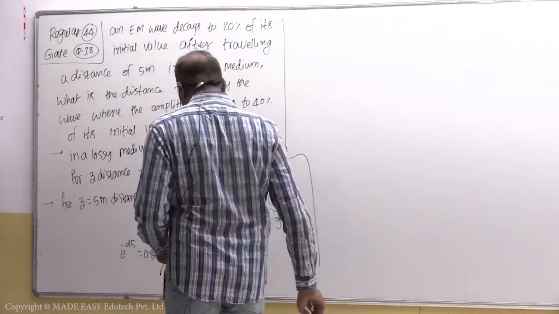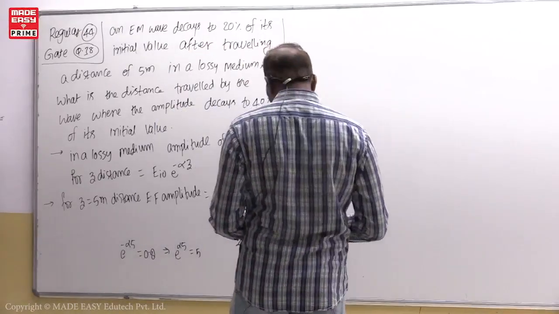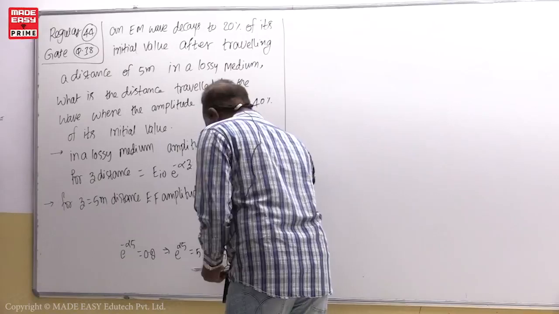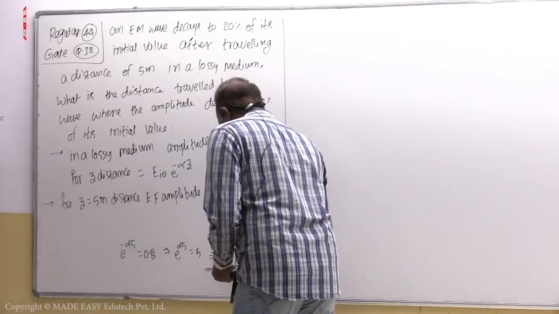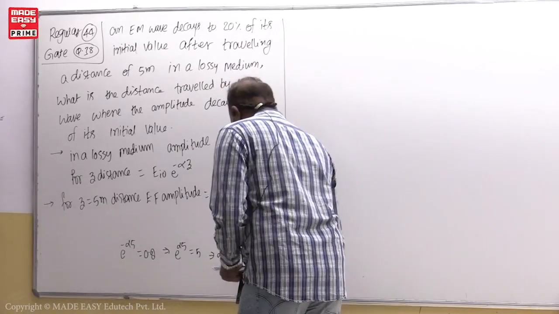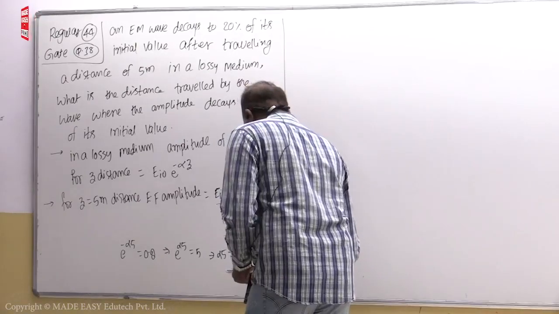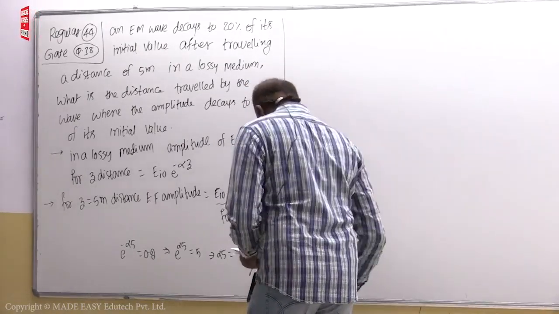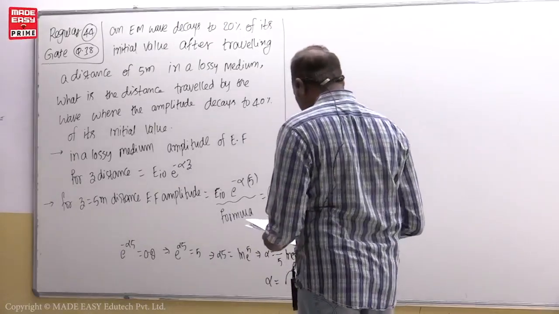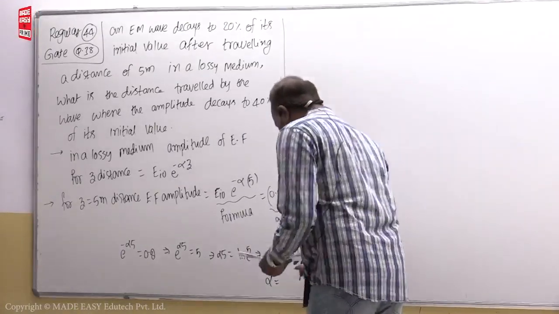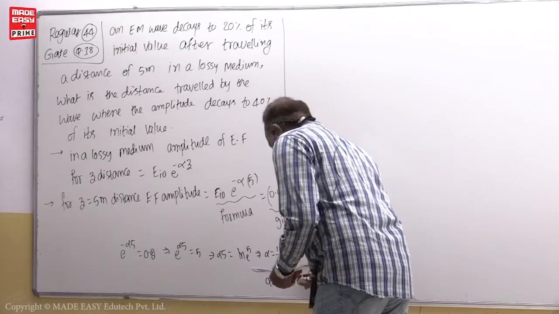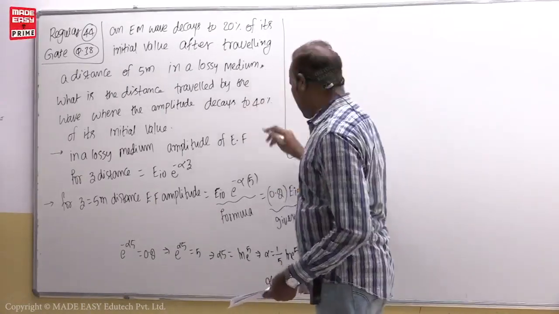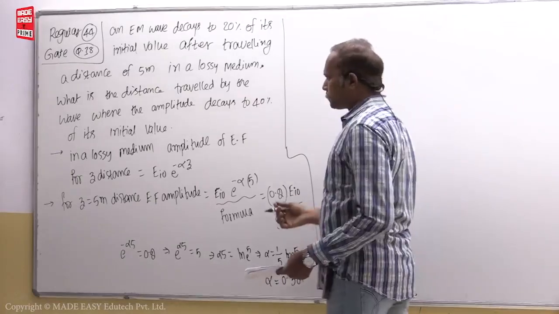Now alpha 5 is equal to ln 5, so alpha is equal to 1 by 5 ln 5. So alpha value, how much do you get? 0.321. From the first information, we found the alpha value.